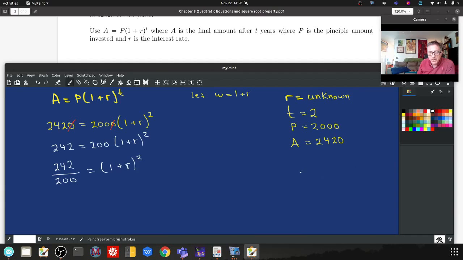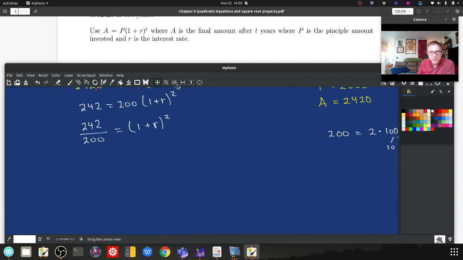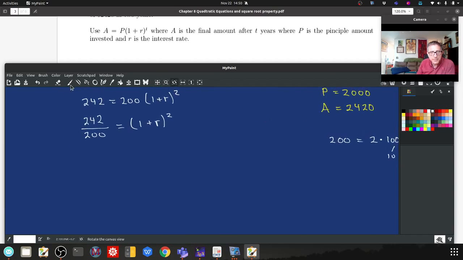So we know that 200 is equal to 2 times 100, which is equal to 2 times 10 times 10. That's what we're trying to do right now, simplify. So 200 is equal to 2 times 10 squared. So let's see what 242 is.